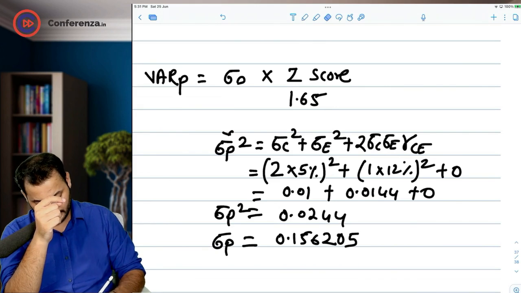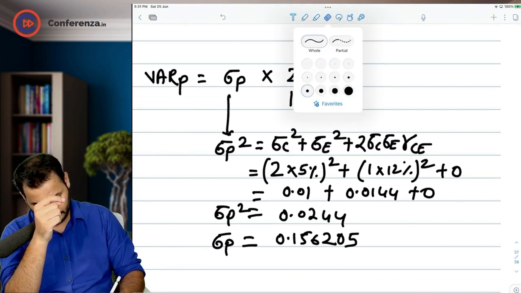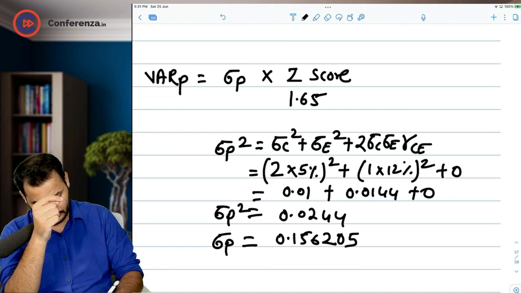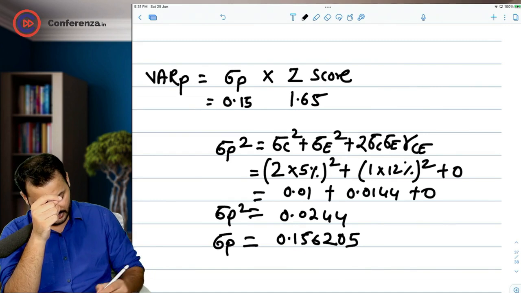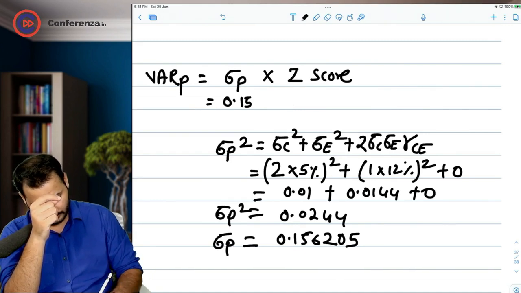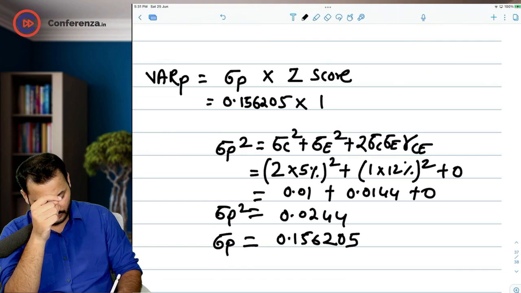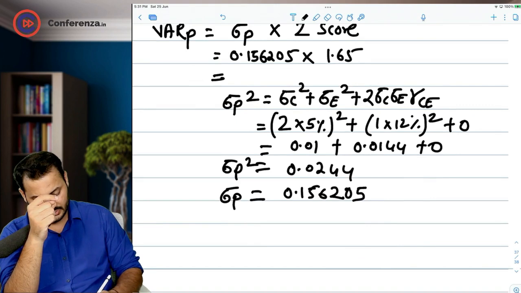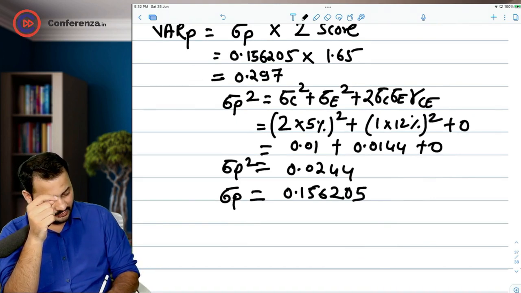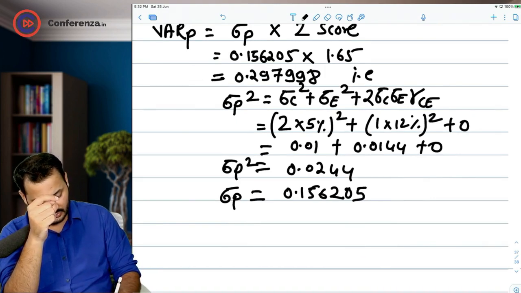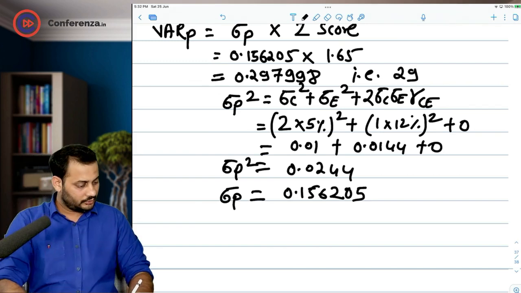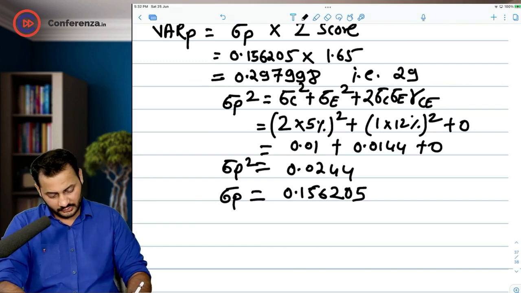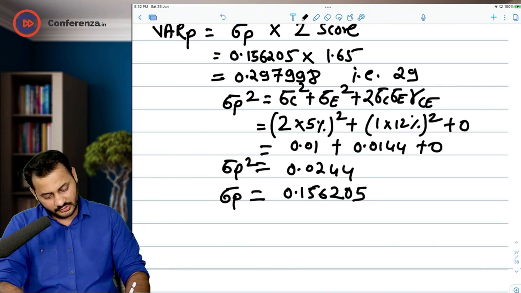And if we do that, 0.156205 into 1.65, the VAR of the portfolio will be in millions 0.297998, that is 297,998 dollars.